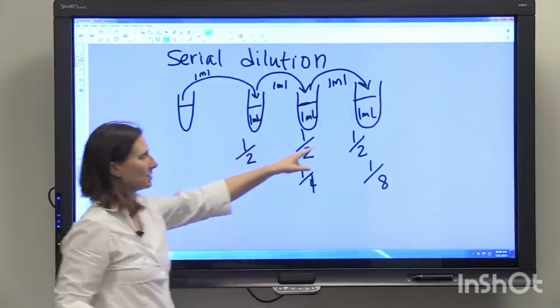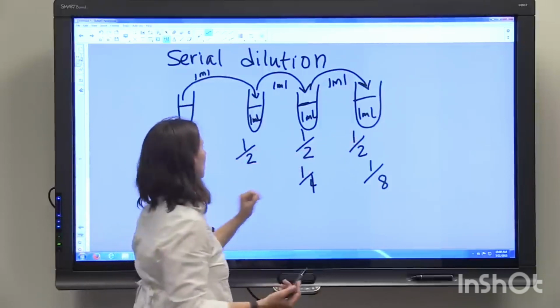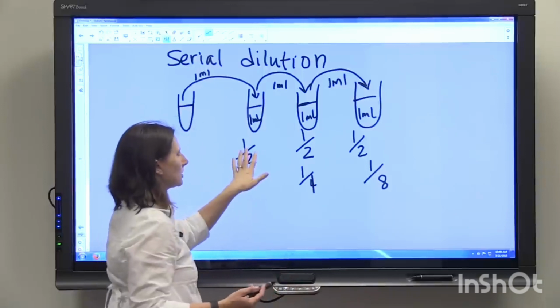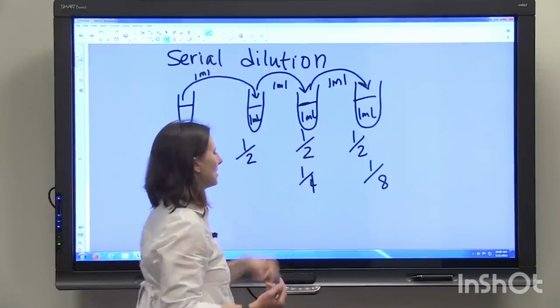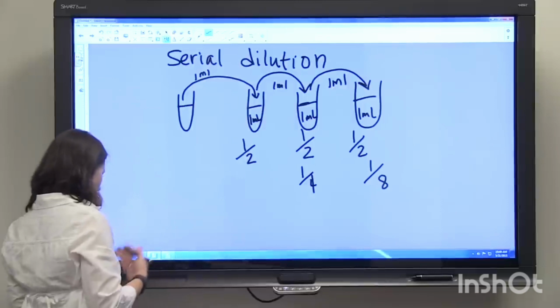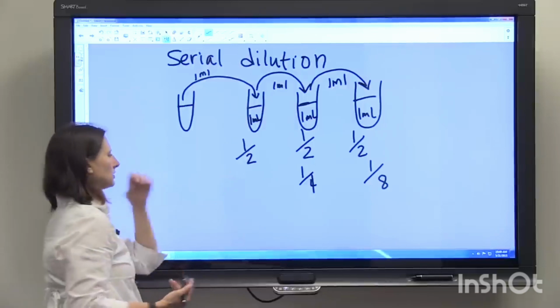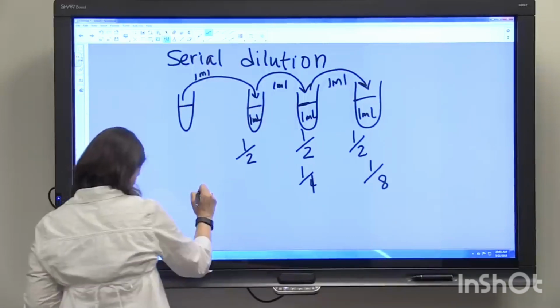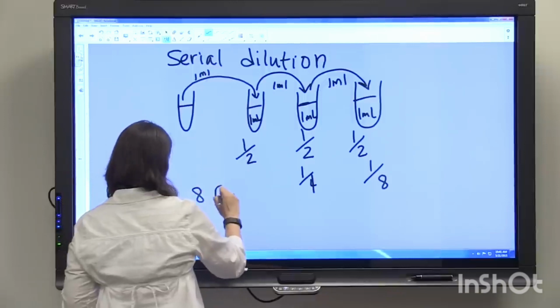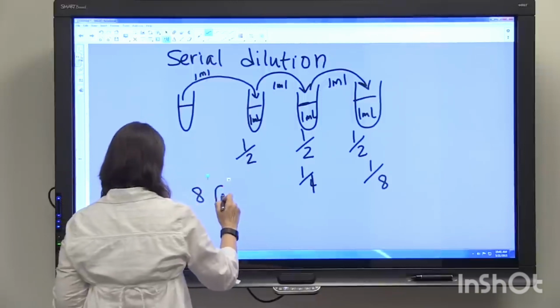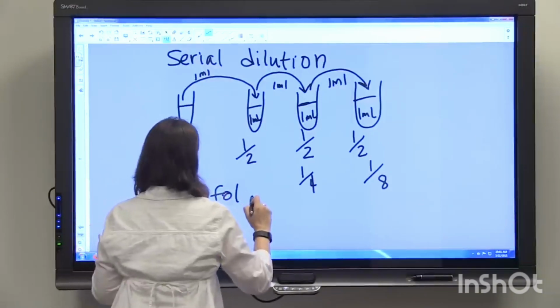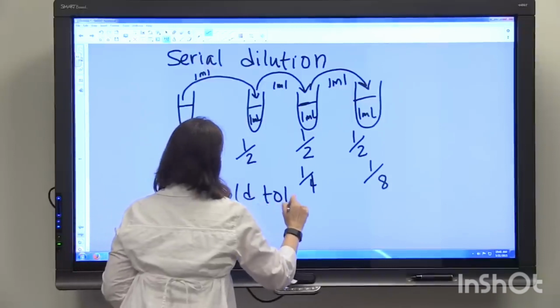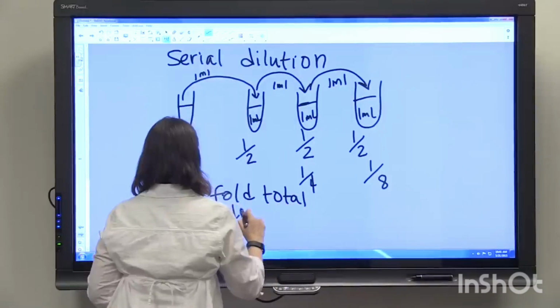They all have the same dilution factor. In a serial dilution, it's a series of dilutions where they each have the same dilution factor, but the final dilution is going to be, here it's an 8-fold dilution. Total dilution, 8-fold total dilution.